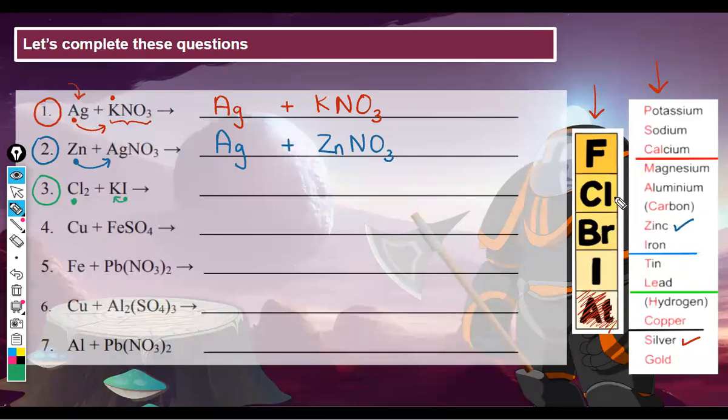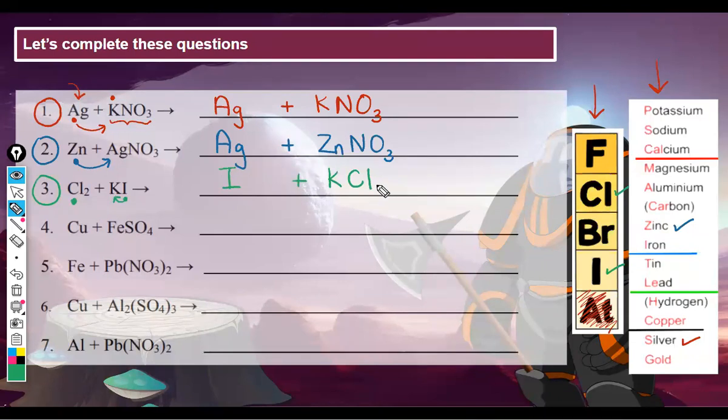If you look at it, chlorine is clearly higher than iodine. So chlorine is more reactive than who? Iodine. So what's going to happen? The chlorine is going to say, hey, I'm more reactive than you, iodine. Get out. So it kicks out the iodine, and the chlorine takes its place.